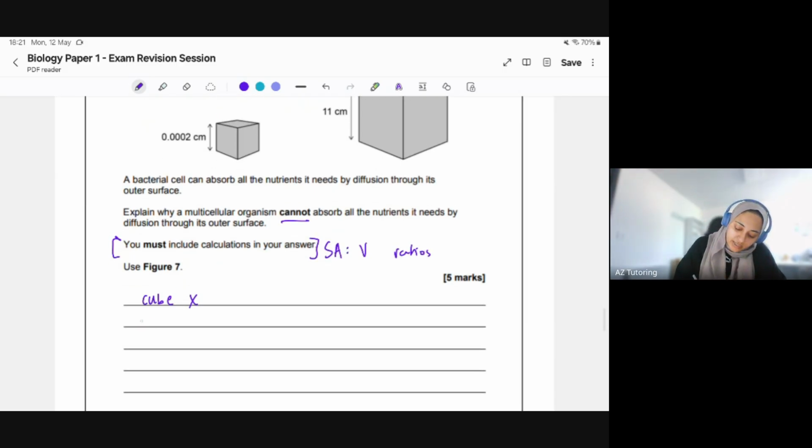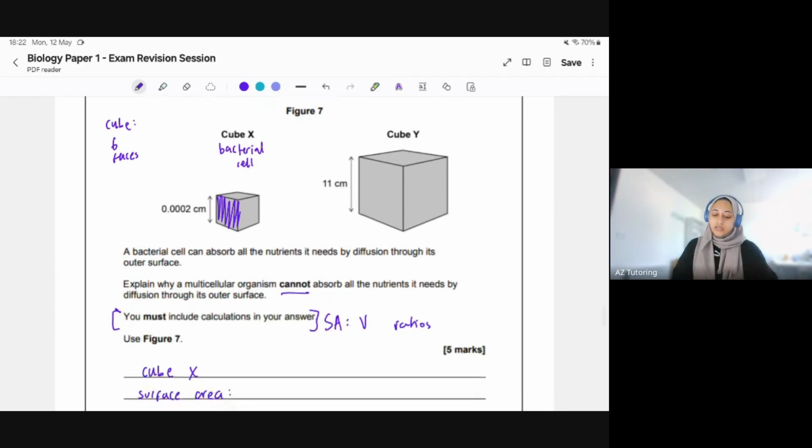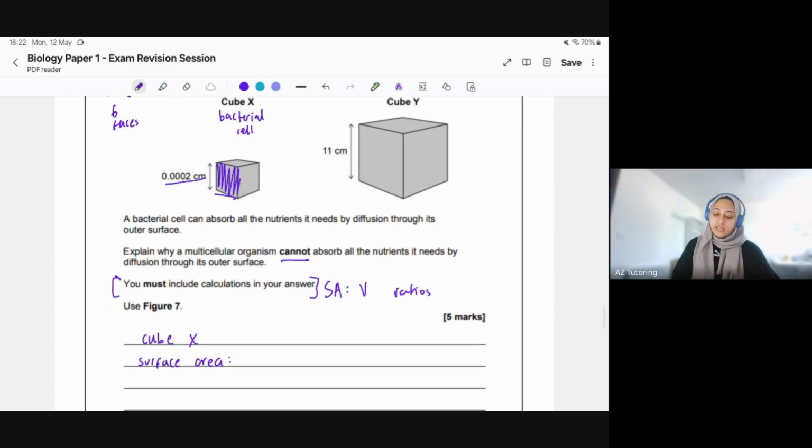So for the surface area, I'm going to find the area of one face and times it by all the other faces. Now remember, cubes have 6 faces. So I'm going to find the area of one face and times that by 6. The area of one face is just 0.0002 times 0.0002. We're just squaring it to find the area of that front face.